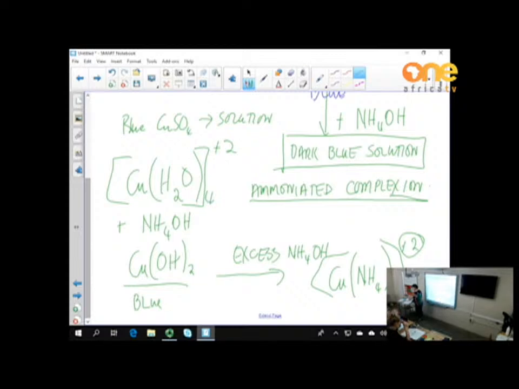Firstly, the addition of water to white anhydrous copper sulfate caused it to change color to blue. Now this blue liquid that we had was the hydrated copper ion. The formula for the hydrated copper ion is that one. That's the hydrated copper complex.